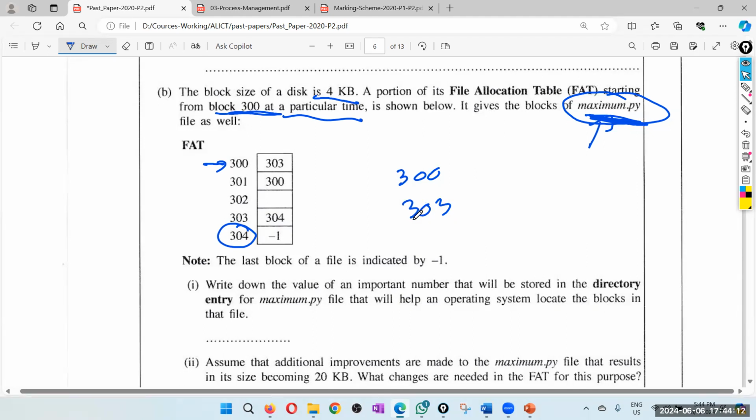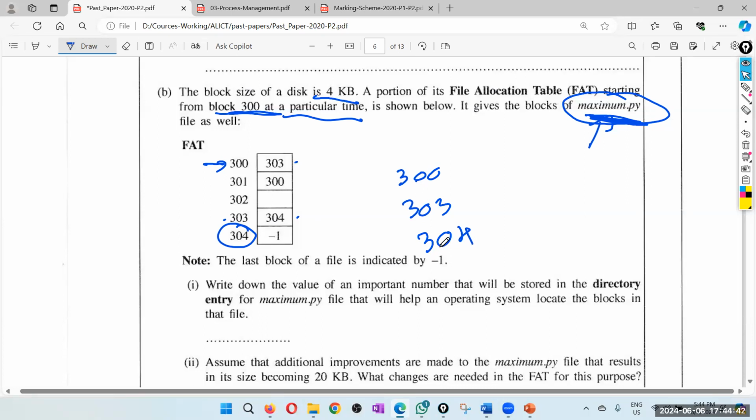Then 303 says 304, so block 304 is also used, and that one says -1, meaning you don't need to go to another block. This is the end of the file. So this file is using 3 blocks: the 300th, 303rd and 304th.